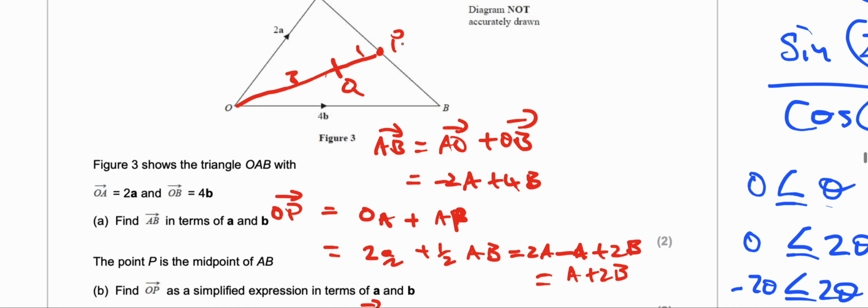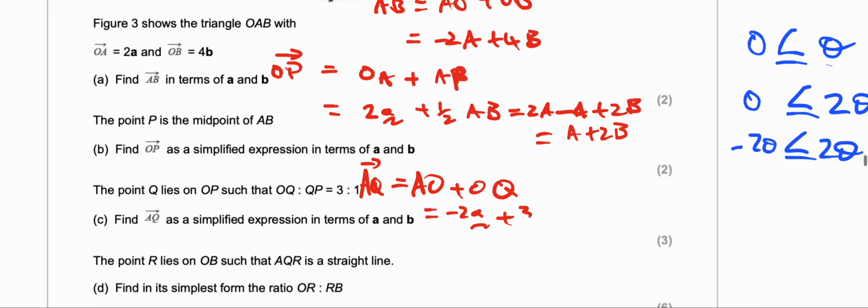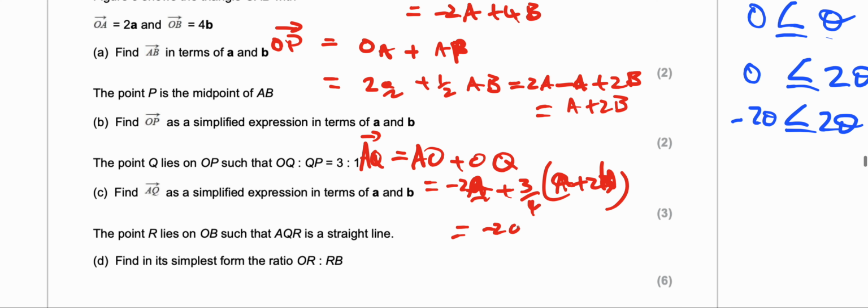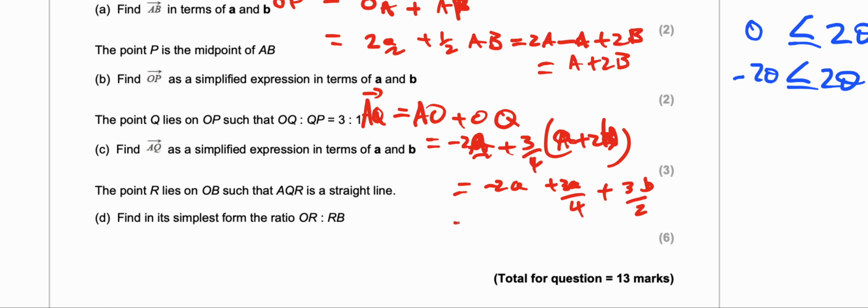Well, it's 3 out of 4. Sorry, actually, these should be small a's, my mistake. So it's minus 2a plus 3a over 4 plus 3b over 2. Simplifying that, that's minus 8 plus 3, so it's minus 5a over 4 plus 3b over 2.